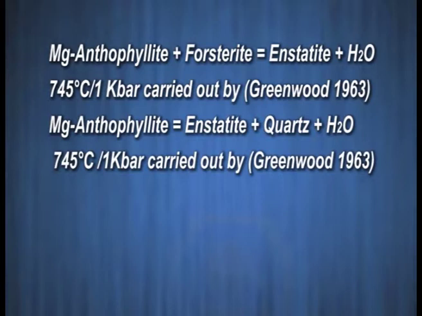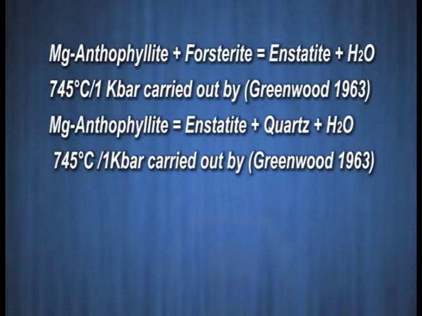Mg anthophyllite plus forsterite give rise to enstatite plus water, carried out by Ringwood 1963 at 745 degrees centigrade, 1 kilobar pressure. Mg anthophyllite give rise to enstatite plus quartz plus water at 745 degrees centigrade at 1 kilobar pressure, carried out by Greenwood 1963.